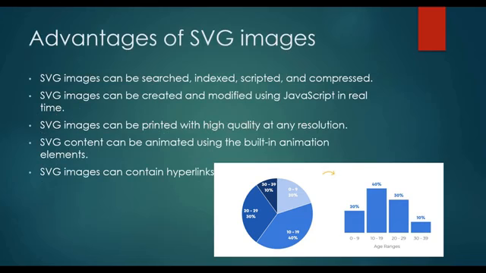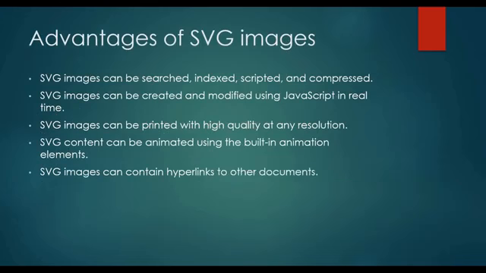So what are all the advantages of SVG images? SVG images can be searched, indexed, scripted and compressed, right? It means that a normal image cannot be searched by our coding, but here, if I want to increase the size of the rectangle, I can do it by means of coding itself.